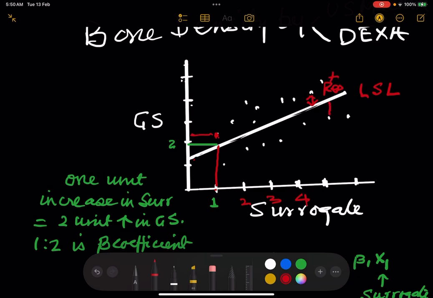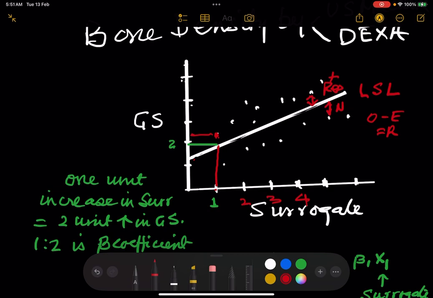But this one is a negative residual because the observed value is less than the expected value. So you have observed minus expected, which is equal to the residual, and some residuals are plus, some are minus.